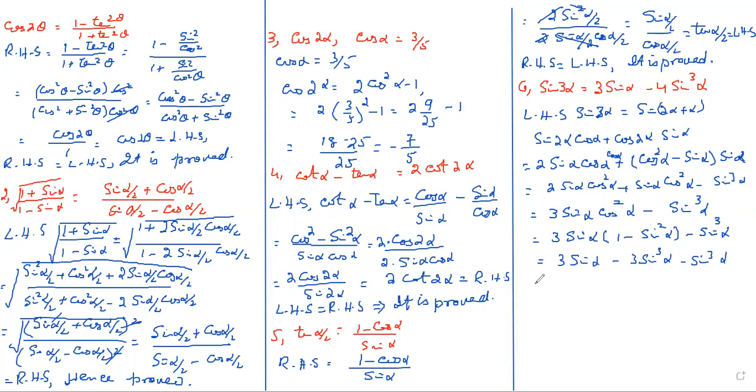Combining these two, we get 3 times sine alpha minus 3 and 1, 4 sine cube alpha, which is equal to the right hand side. Left hand side equals the right hand side. It means that it proves our relation or theorem. So hence proved.